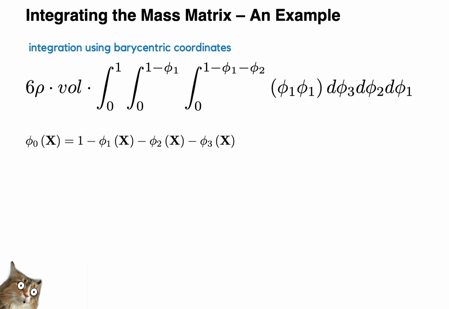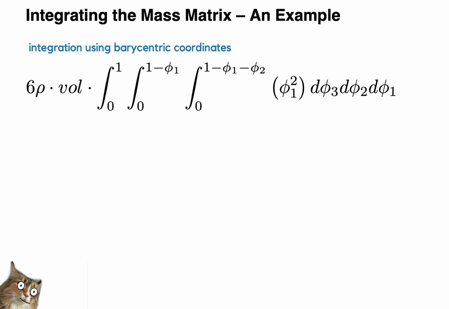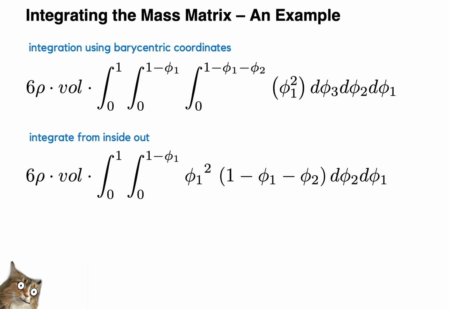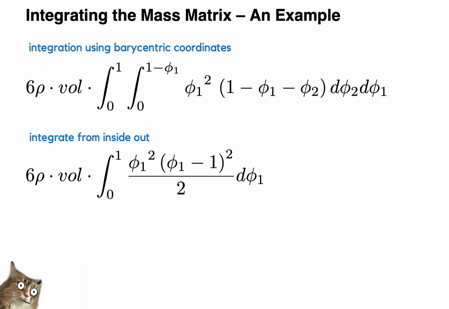Let's look at an example of integrating one term of the mass matrix. We have three integrals to evaluate, and we do this from the inside out. So step 1 is to integrate with respect to phi 3, the result of which is the following. Next, we integrate with respect to phi 2, which leaves us with this term. And finally, we integrate with respect to phi 1, which gives us our answer.